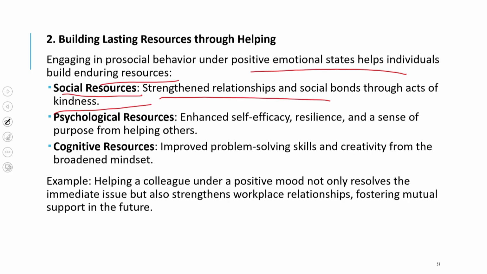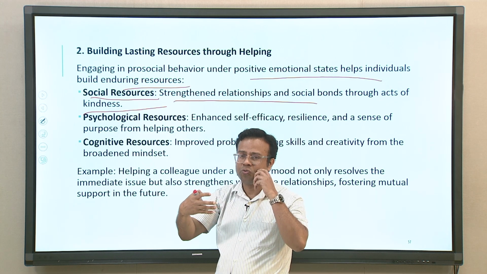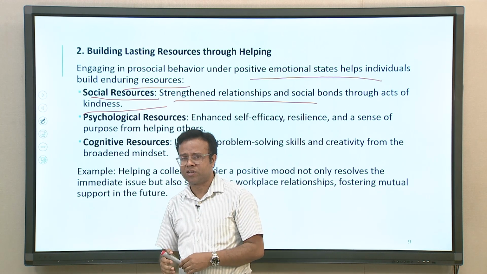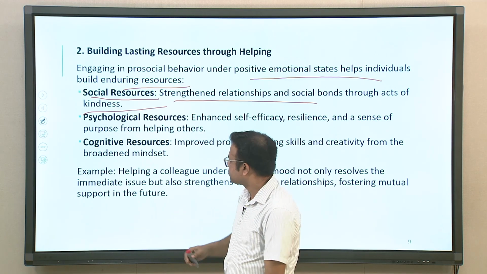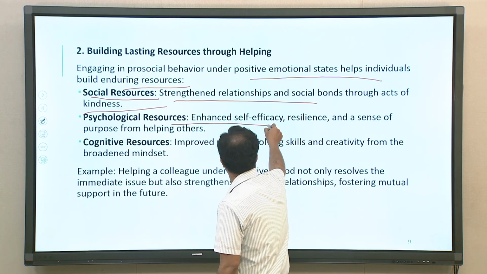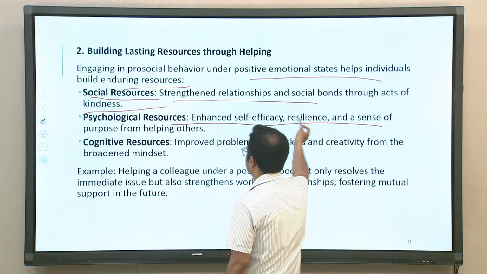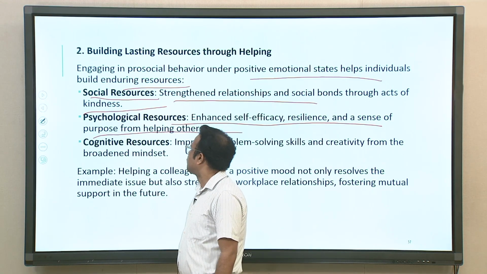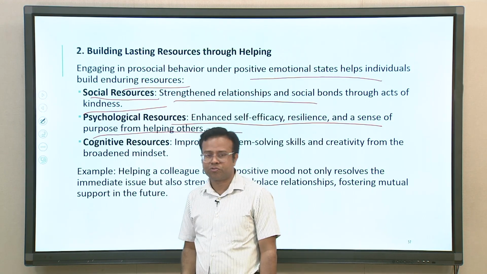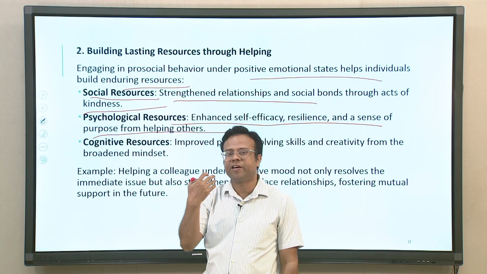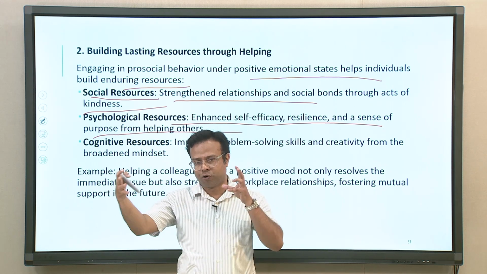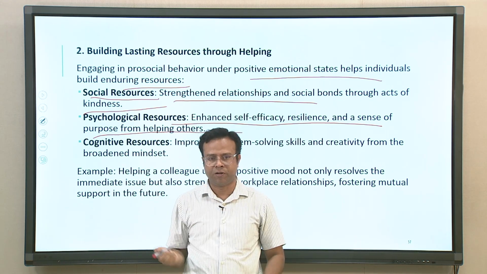It enhances bonding with other people, which again makes prosocial behavior more likely. Psychological resources enhance self-efficacy, resilience, and sense of purpose from helping others. So, helping behavior and positive emotion both can increase psychological resources.